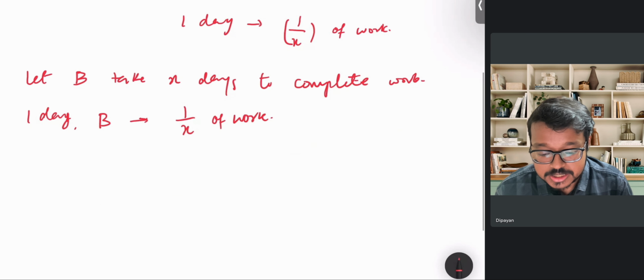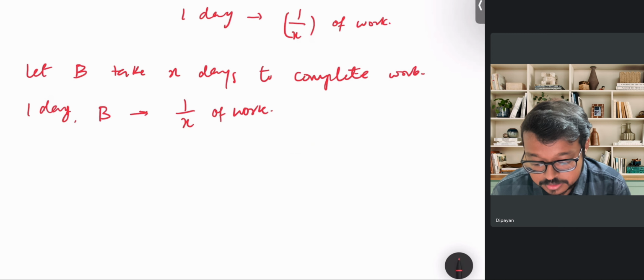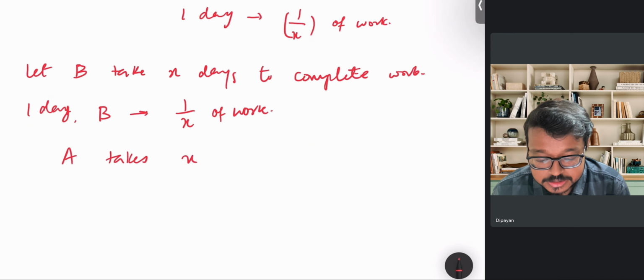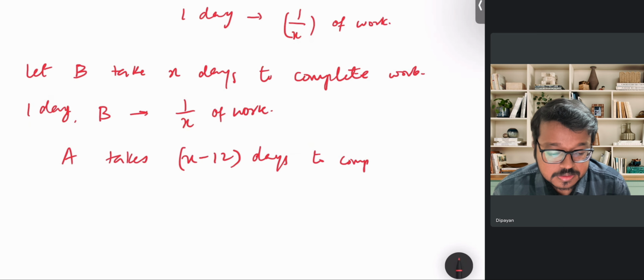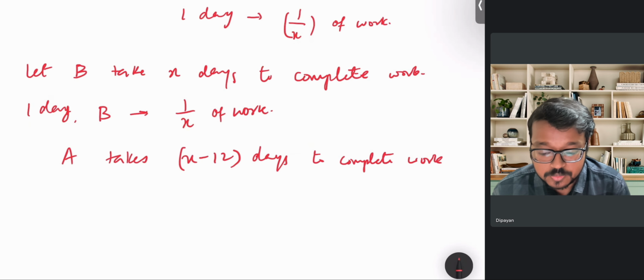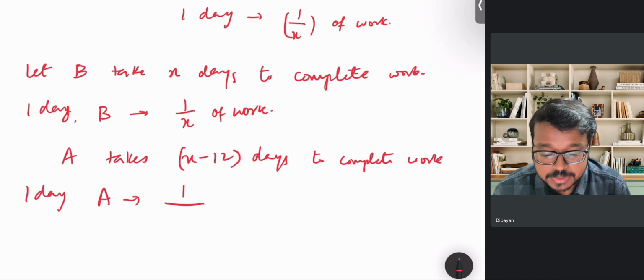So Amit will take X minus 12 days to complete the work. So in one day, the fraction of work completed by Amit will be the reciprocal, which is 1 by X minus 12.